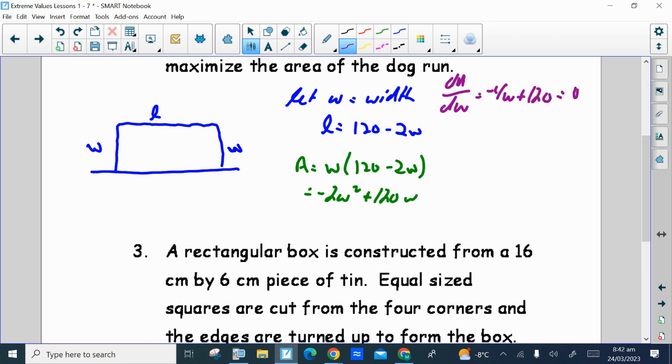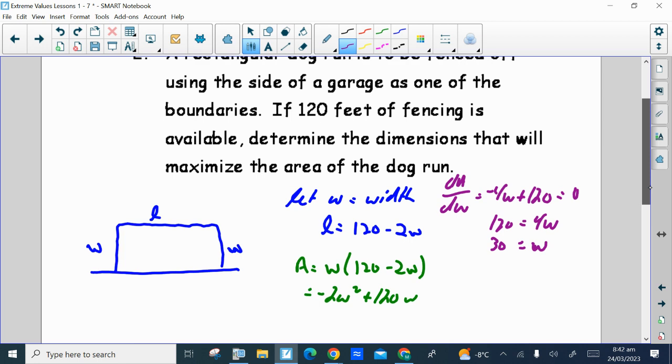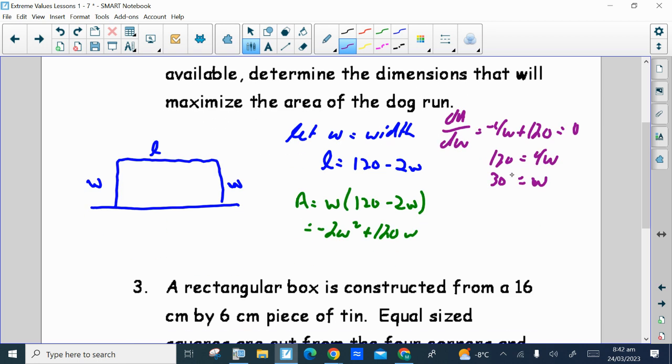And again, the maximum will occur when that equals 0. So if you add the 4W to both sides and then divide by 4, W will equal 30, and that would be in feet.